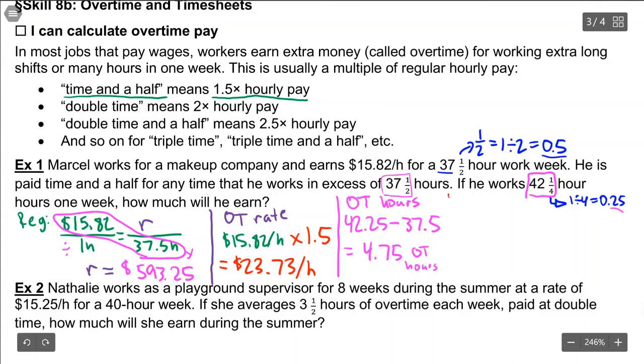Second last step actually, we're going to figure out his overtime pay. His overtime pay is going to be his overtime rate, which we calculated at 23.73 per 1 hour. And he earns that for all 4.75 hours he works overtime.